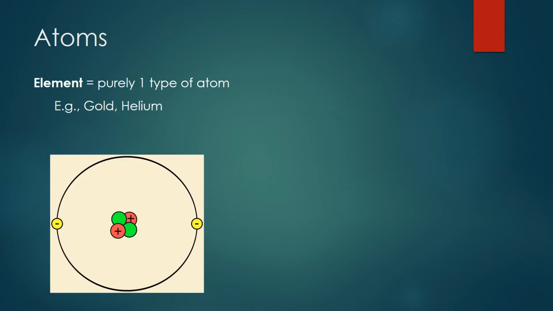Here is a cartoon diagram of an atom that contains 4 subatomic particles in the middle with 2 additional subatomic particles apparently orbiting around the nucleus. This gives us some insight into atomic structure.